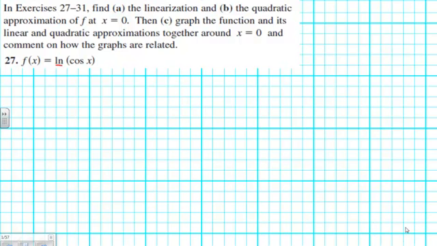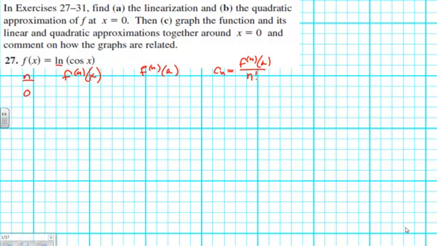natural log of cosine. So let's start with our table: n, f of n at x, f of n at a, and then c of n, which is equal to f of n at a divided by n factorial. Has everyone got that?